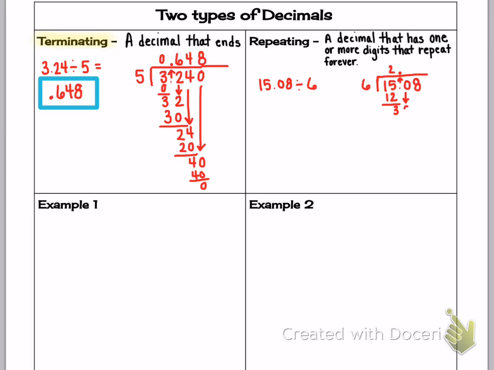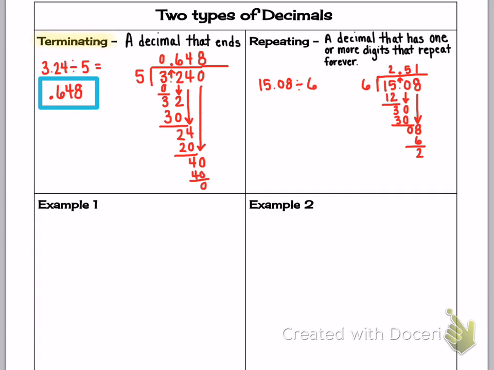I bring down the 0. 6 goes into 30 5 times. That's 30. I get 0. I don't subtract, I bring down the 8. 6 goes into 8 one time. That is 6. Subtract, I get 2. So I still have a remainder.